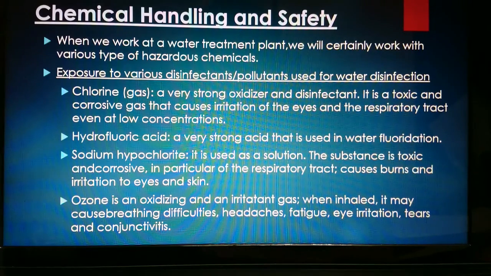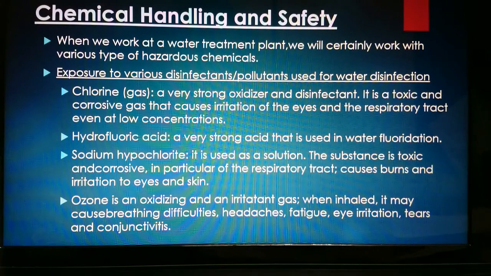Another example is hydrofluoric acid, which is known as a strong acid that is used in water fluoridation. Other than that, sodium hypochlorite also has toxic and corrosive properties similar to chlorine gas.